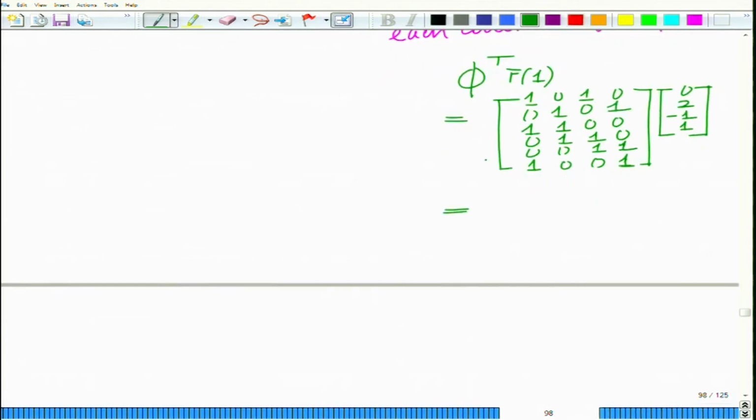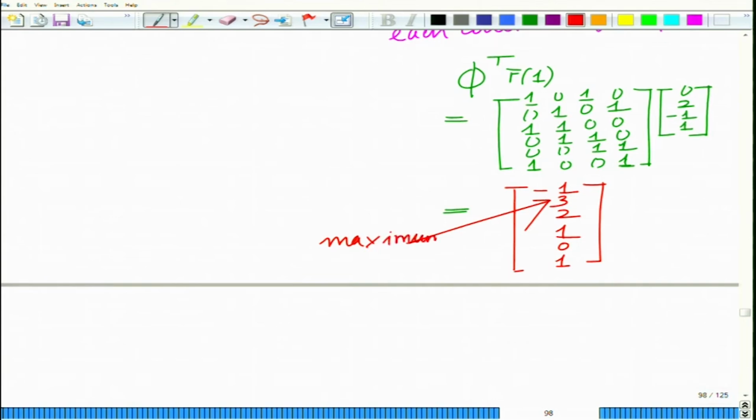Now you evaluate this projection, and you will see that it comes down to minus 1 3 2 1 0 1, and what you observe is that now the maximum is 3. Maximum corresponds to the second column. This is basically phi 2 tilde transpose r bar 1.